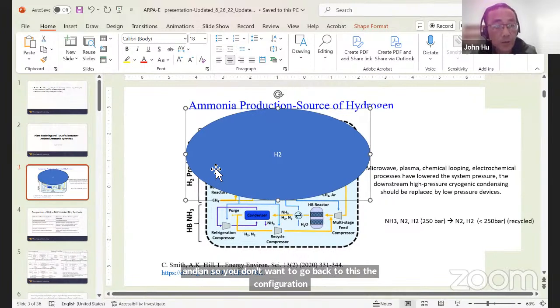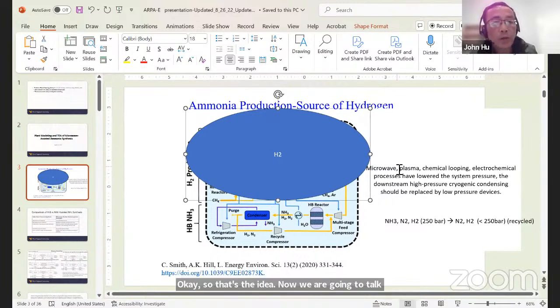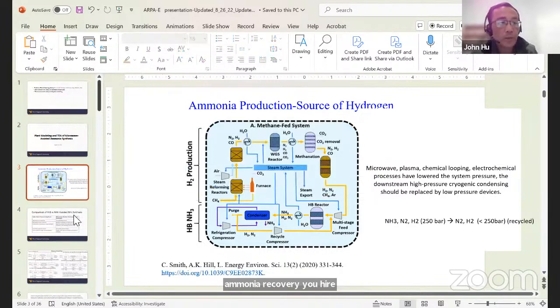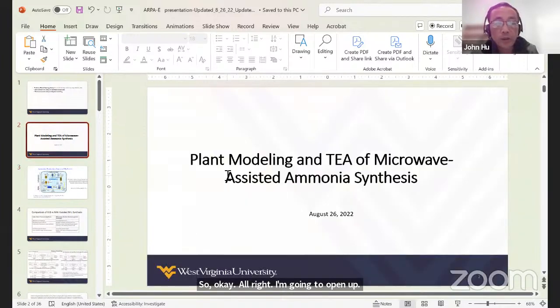Now we are going to talk today about the low pressure ammonia recovery options you have. Okay, all right, I'm going to open this up. This is the basic topic today: plant modeling and TEA. TEA stands for techno-economic analysis. Techno-economic analysis is different from accounting economic analysis.